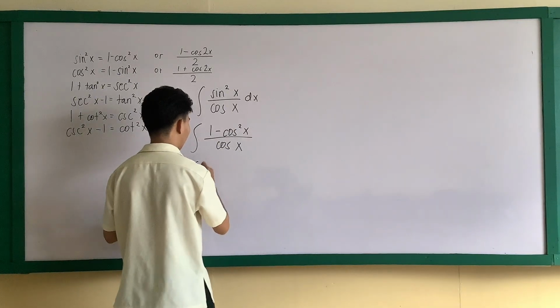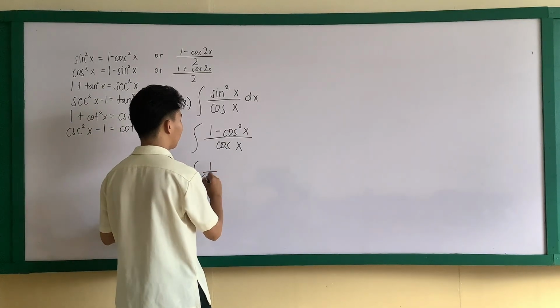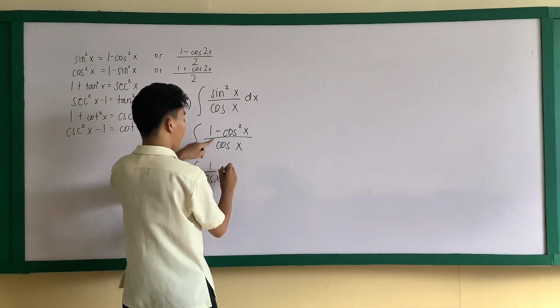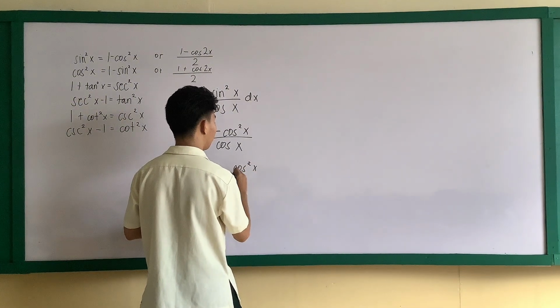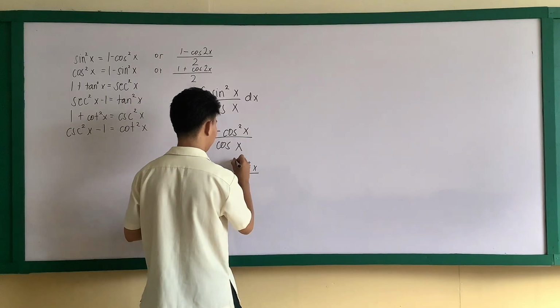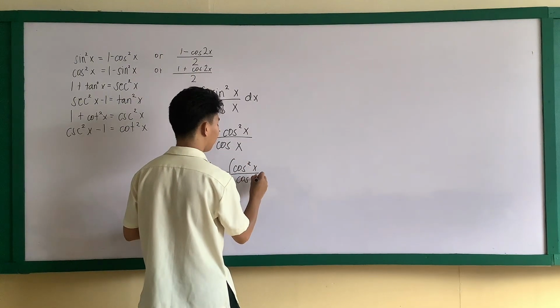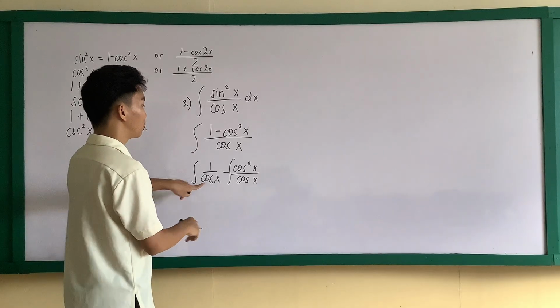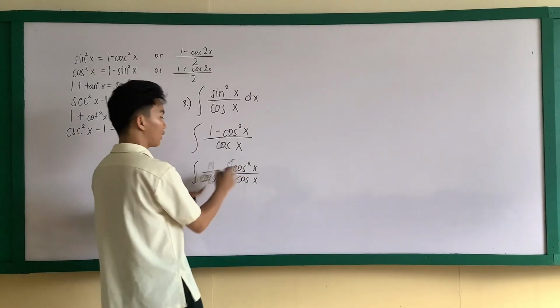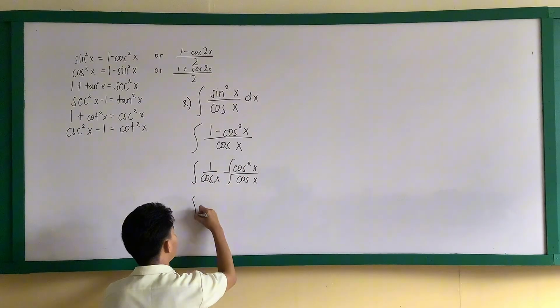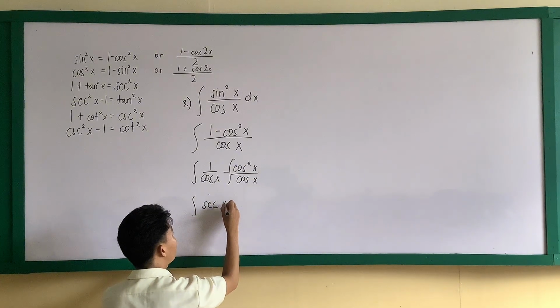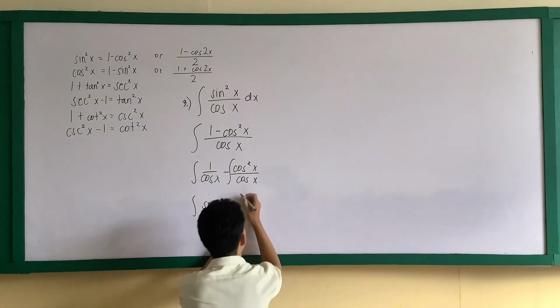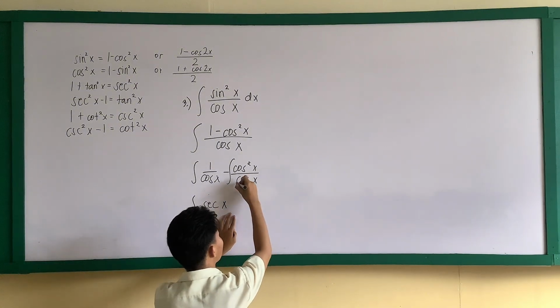So magiging integral of 1 over cosine x minus cosine squared x over cosine x. So next is substitute natin to. Ito naman is ika-cancel natin. So magiging secant x minus, canceling sa ibaba, canceling sa taas.